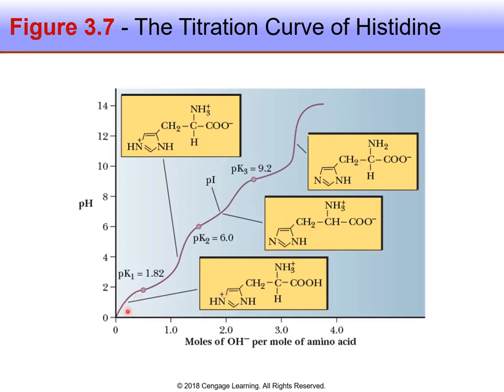Form 1 is fully protonated, then we have form 2. We start with a +2 charge, then +1, then 0, then -1. And since it is a triprotic acid, it has 3 pKa values and 3 inflection points.